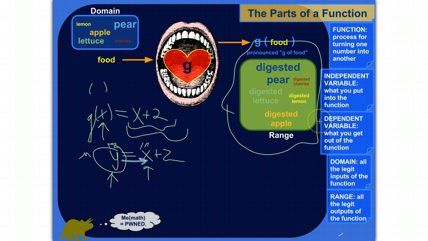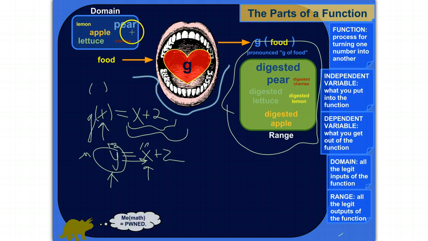And another couple words you'll hear when you talk about functions is domain and range. So the domain is all the values that you're allowed to put into the function. So back up at the bodily function here, my domain would be all kinds of edible foods. So lemons, apples, pears, lettuce, cherries. Okay, you're not going to see tree up here.